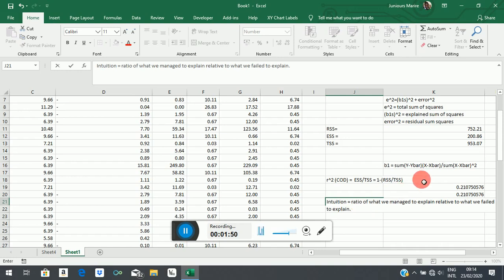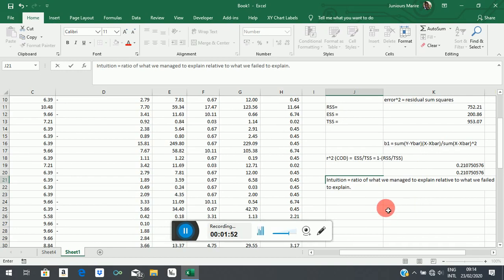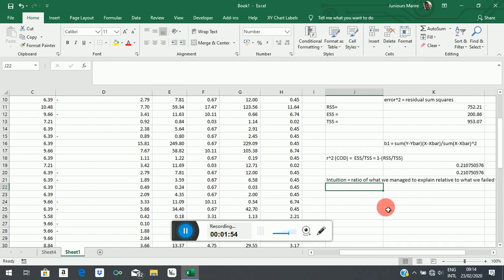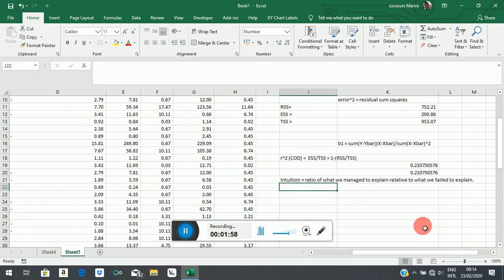Now, if we assume that we are rational, as we ought to be, surely it is in our best interest to have the numerator being bigger than the denominator.